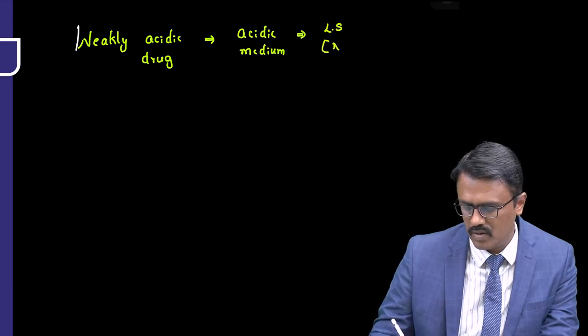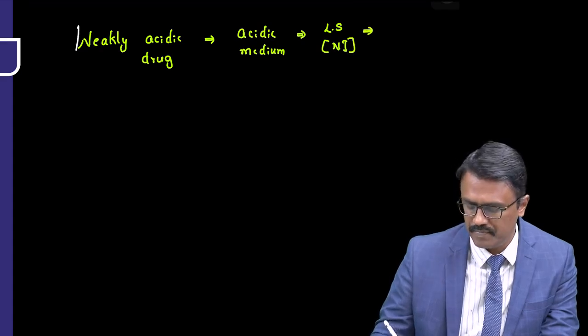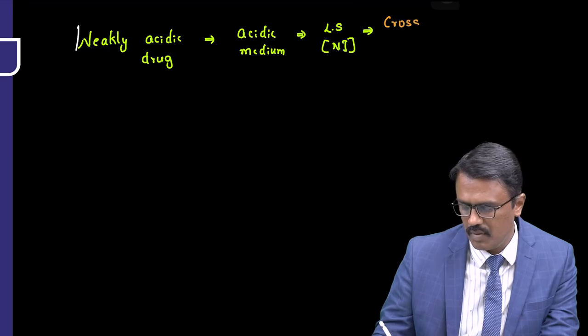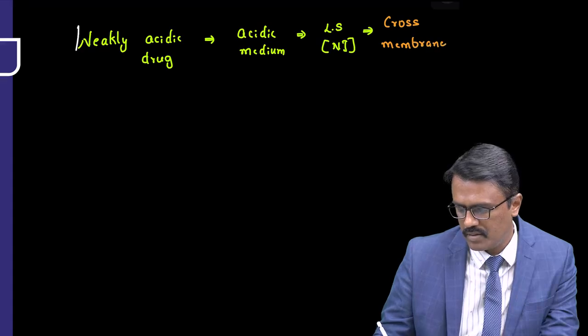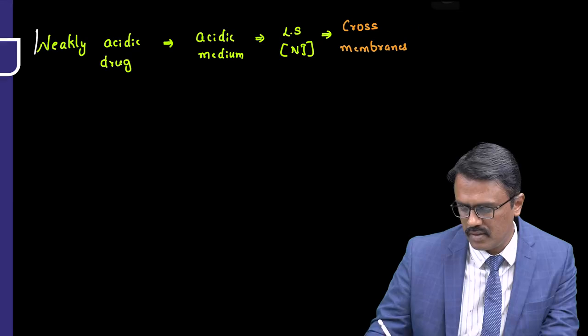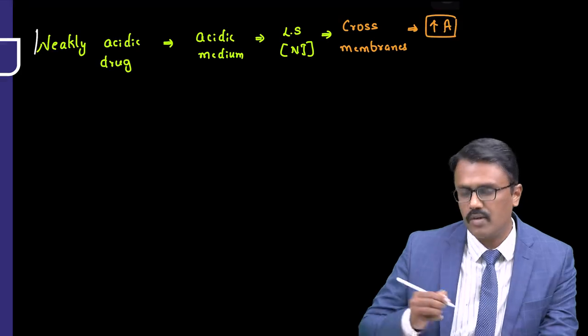That means it is non-ionized. So if it is non-ionized, it can easily cross the cell membranes, and what happens? The absorption increases. So we know the general concept like this.